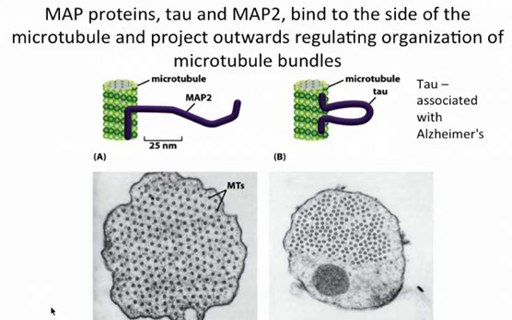Each little round circle is one microtubule. It's a cross section. And that even spacing is because of MAP2. And here you can see how it's spaced differently, much more closely together, and here it's tau that's responsible for that difference in spacing. So it's really just, if there's something in your way, you can't get that close, right?